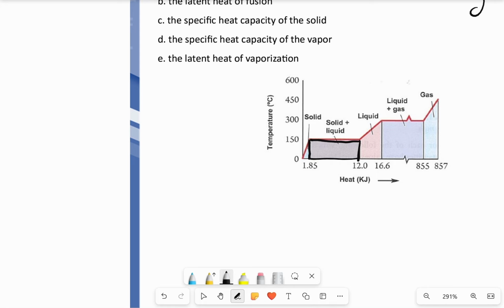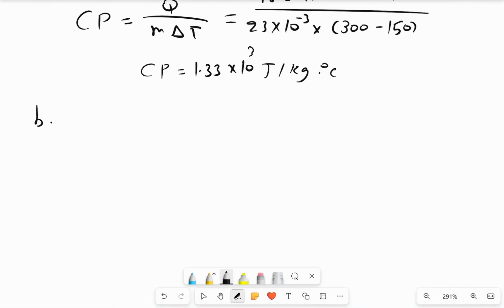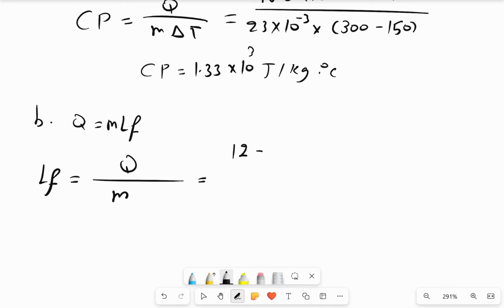Now let's find the latent heat of fusion. B, Q is equal to M Lf, and Lf, which is latent heat of fusion, is going to be equal to Q divided by mass. Q is equal to what? It is equal to 12 times 10 to the power of 3 minus 1.85 times 10 to the power of 3, let's not forget the 10 to the power of 3.